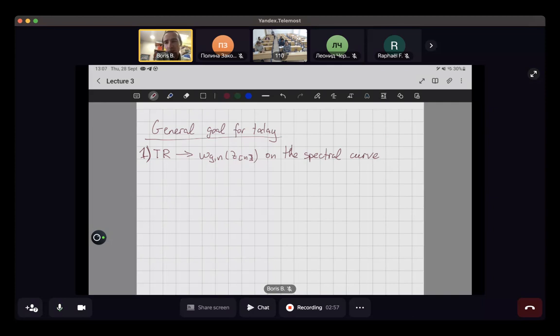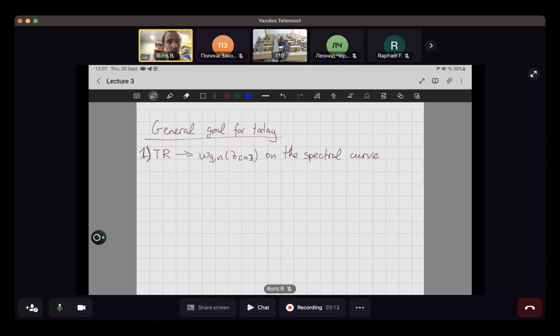I will say what conditions these numbers should satisfy to obtain topological recursion.